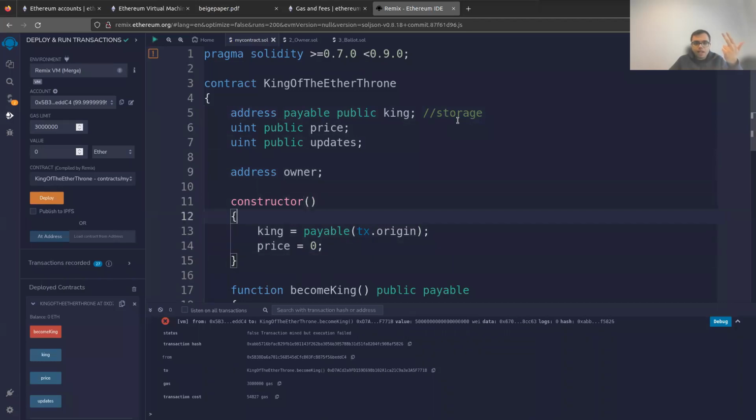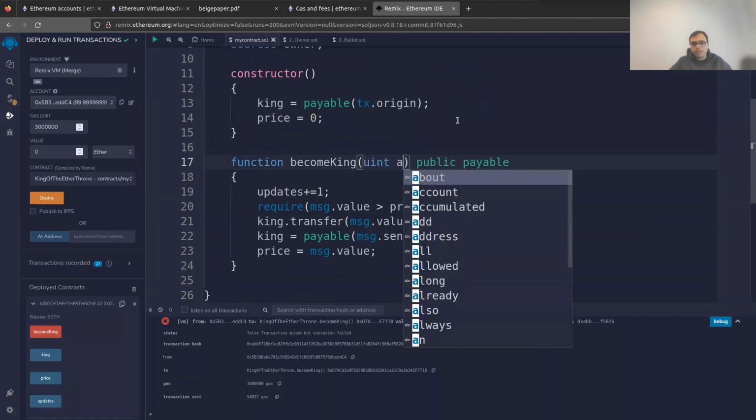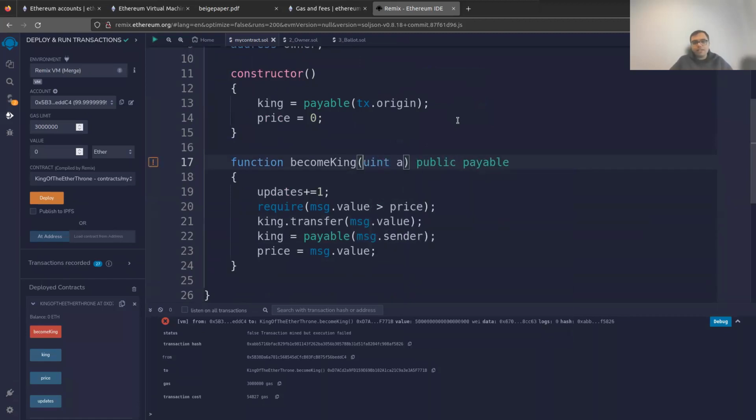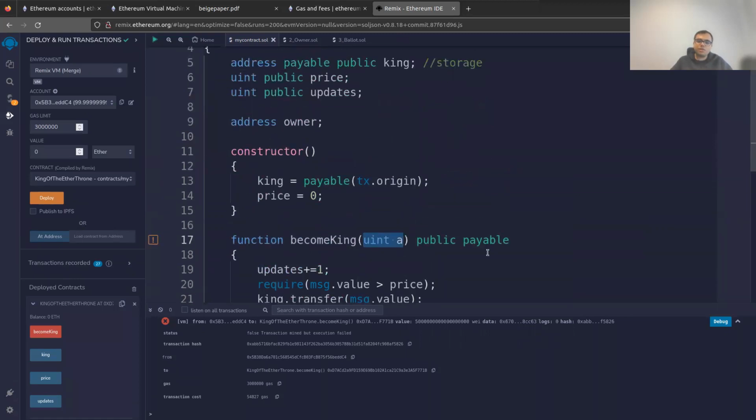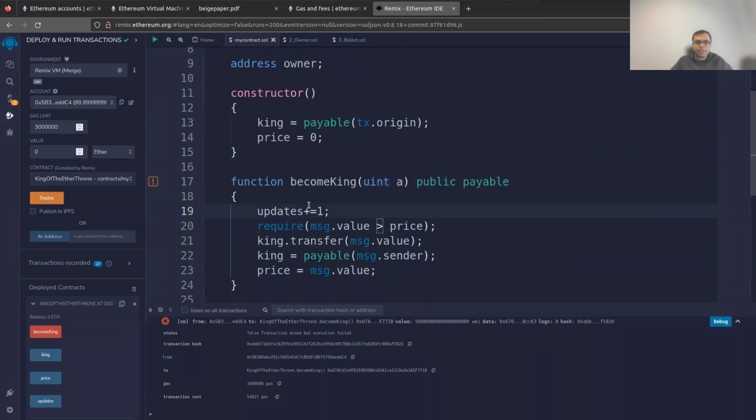But of course, I can have other things. So let's say, for example, maybe this function gets a parameter A, right? So that parameter is not going to be part of the storage. So we usually say that A is just in the memory of the contract. Okay, and also I can have maybe some local variables in this function.